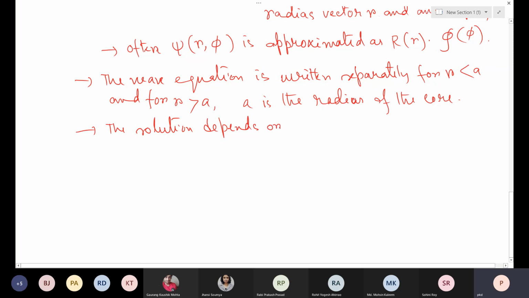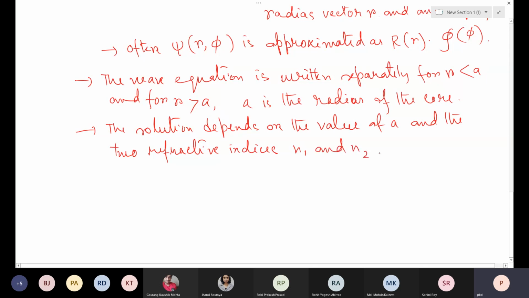Depends on the value of a, and the two refractive indices, that is for the core and cladding, n1 and n2.